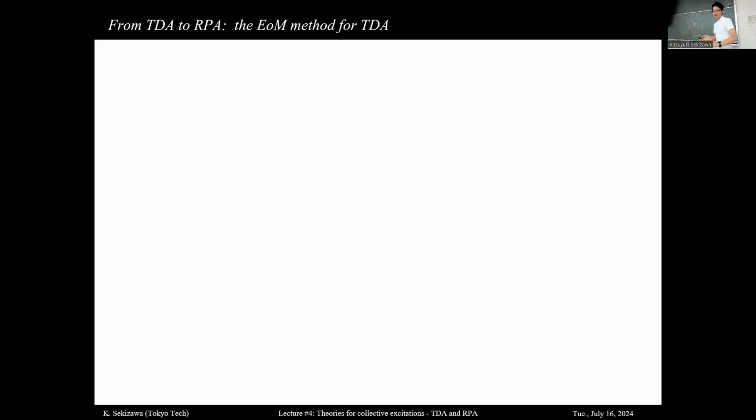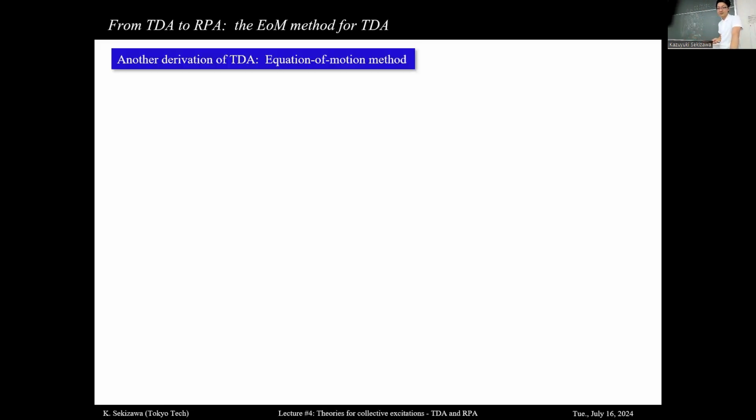So now let me explain what the RPA is and how to derive it, and what the relation is between TDA and RPA. To explain this, let me introduce another derivation of the Tamm-Dancoff approximation.